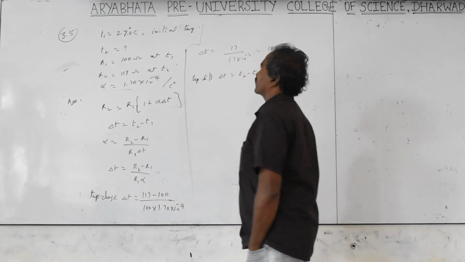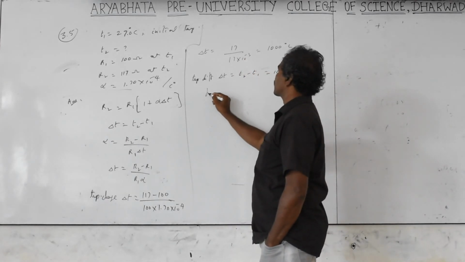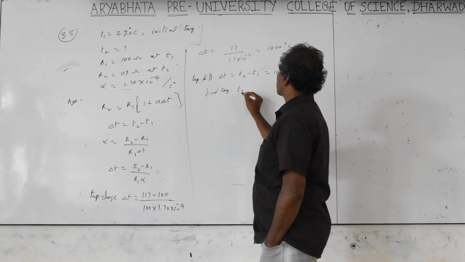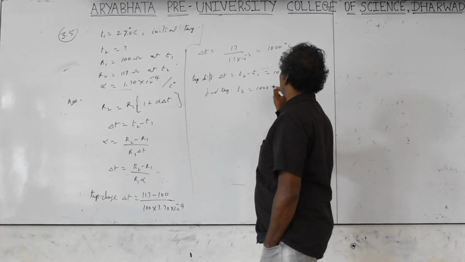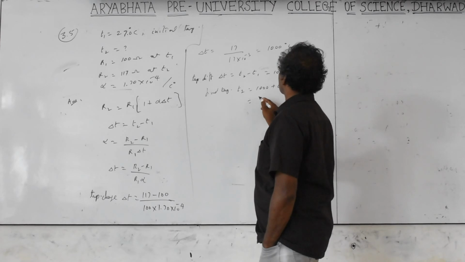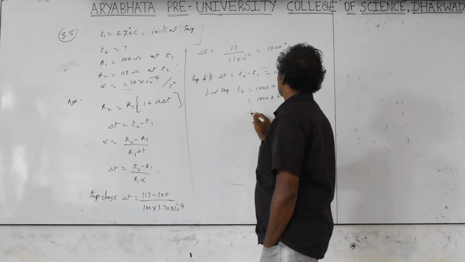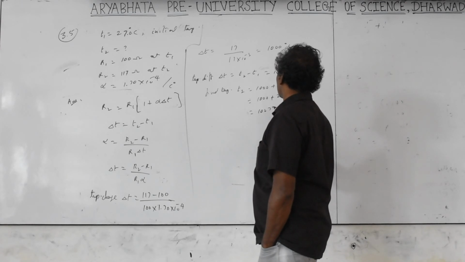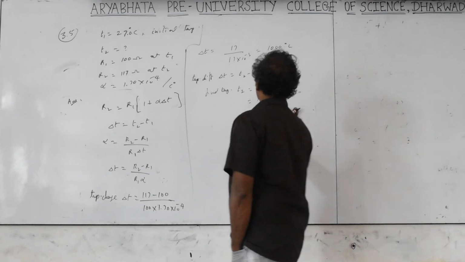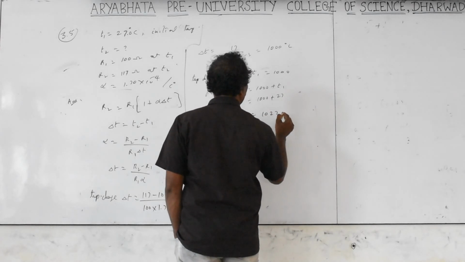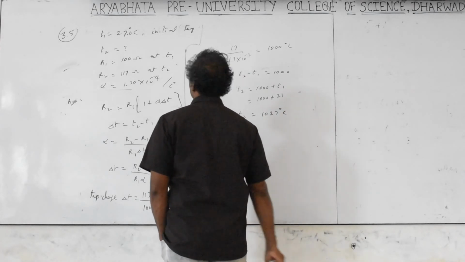You have to find T2, the final temperature. T2 is equal to 1000 plus T1, which is 27 degrees centigrade, so 1027 degrees centigrade is the answer.